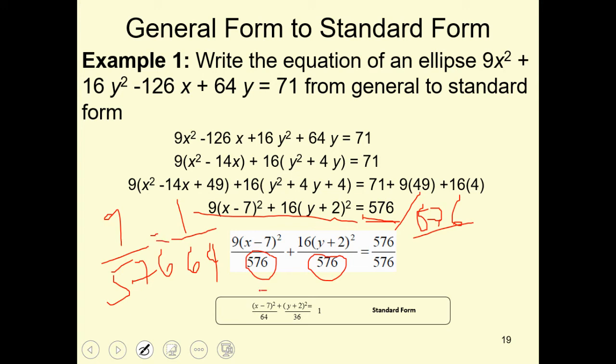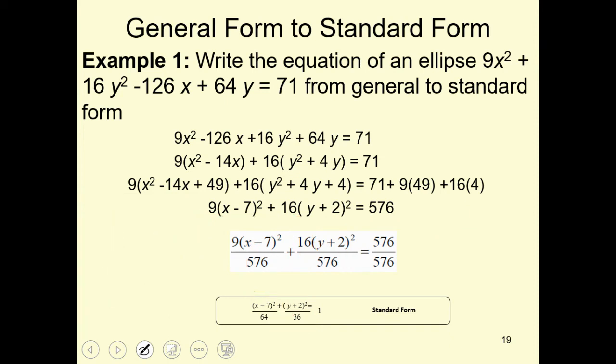16 divided by 576 is 1 over 36. Di ba? Napunay 1 over 64 din. So our standard form is kini.